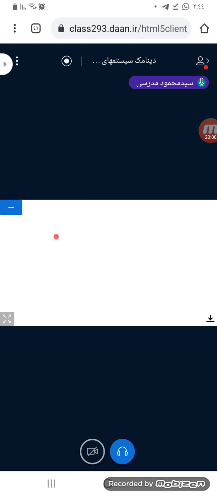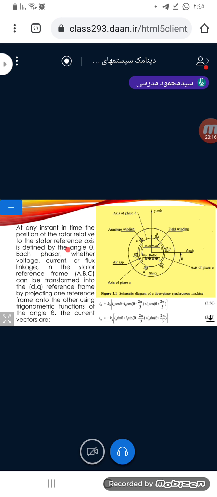Find the position of the rotor relative to the stator reference axis, defined by the angle theta.